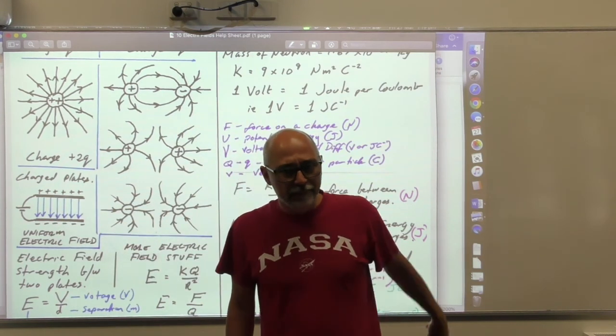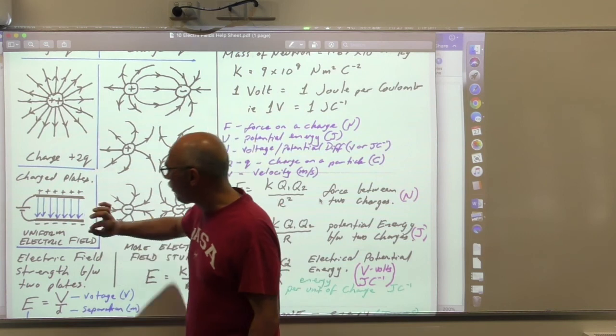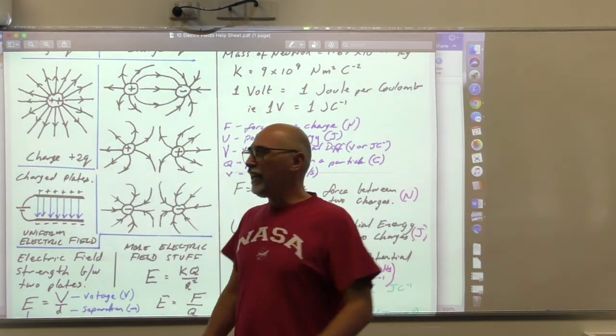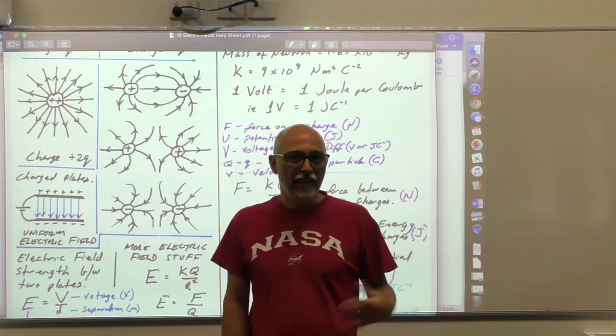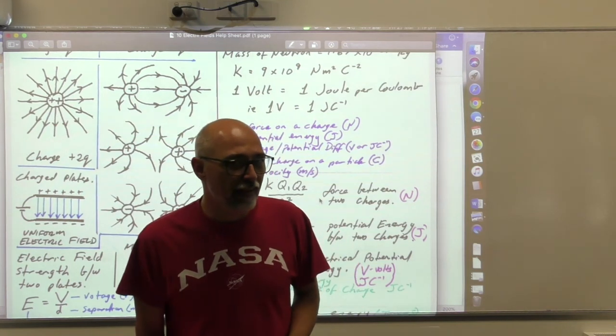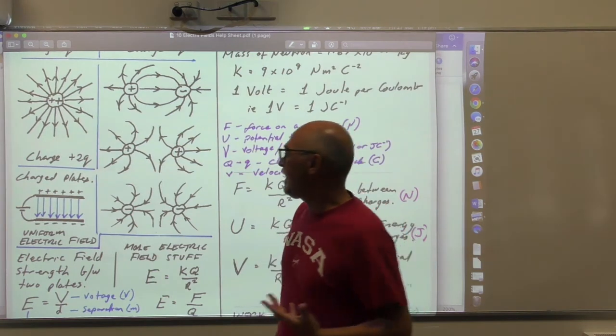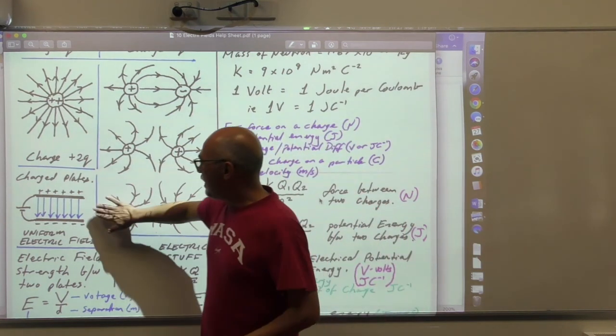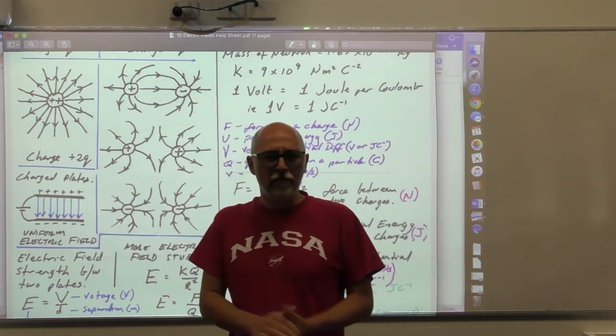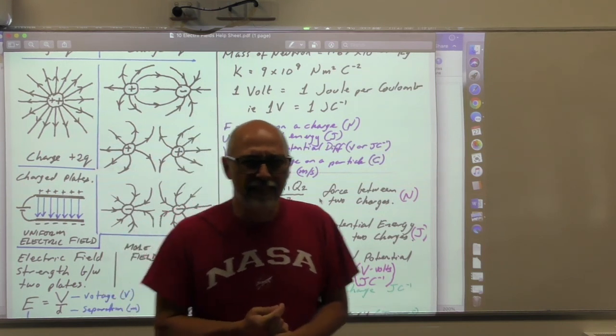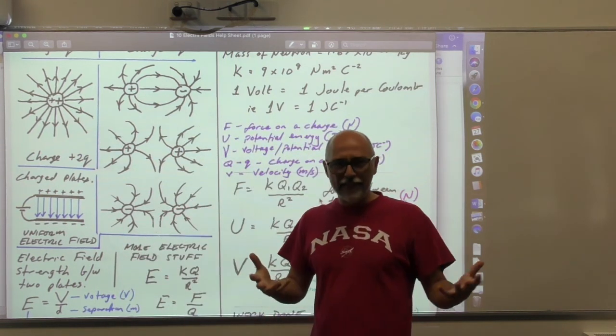Does that mean, though, that if I put a proton in here, that it will be affected the same anywhere that I put it inside that field? Well, it doesn't really mean that, no, because if I put, say, a proton into this space here. Now, I say a proton because I assume you remember Year 7 science, that a proton has a positive charge.